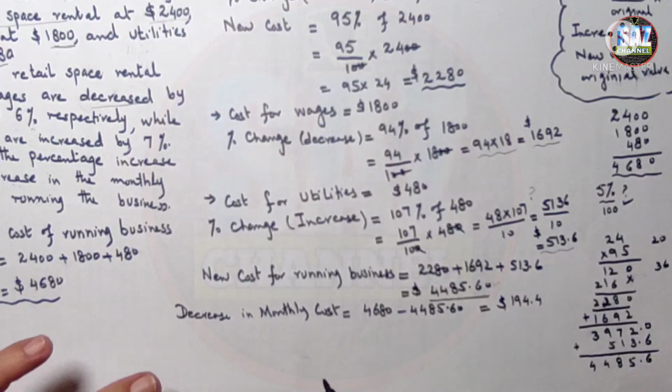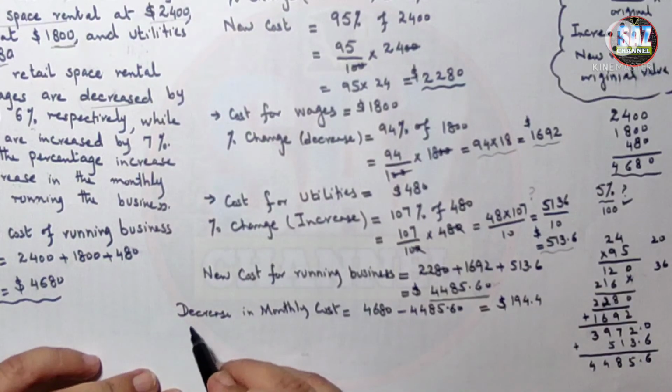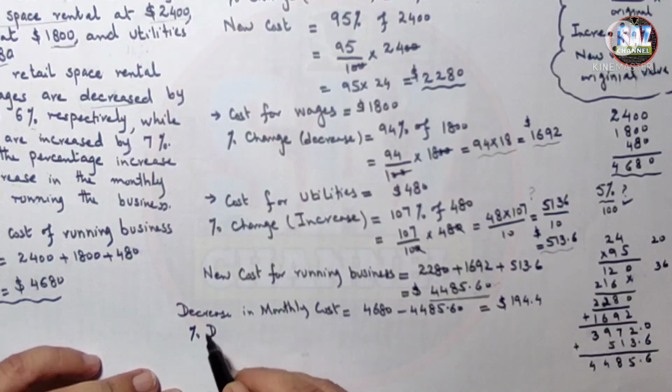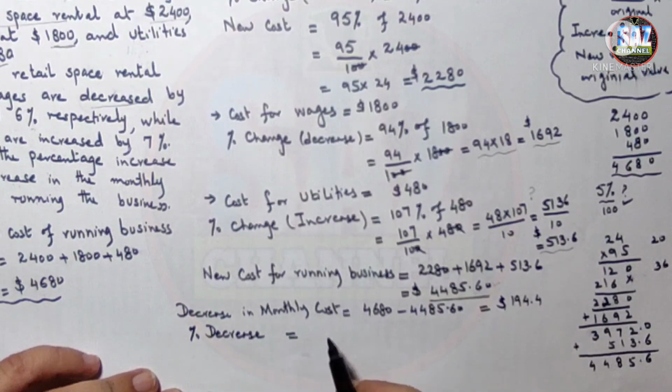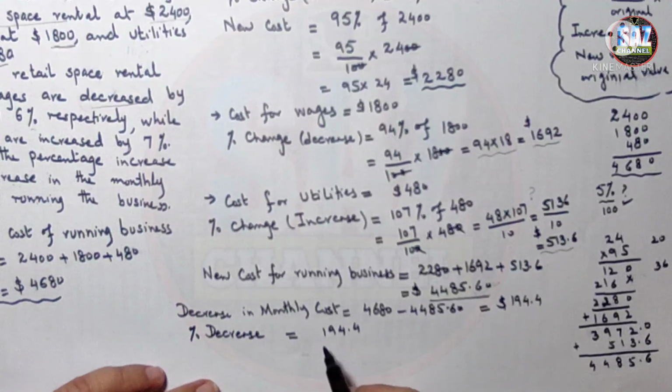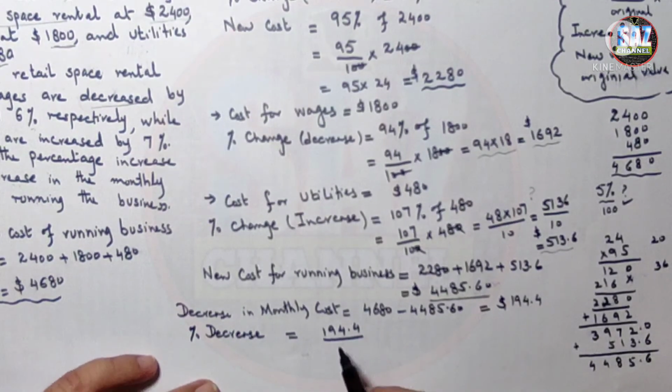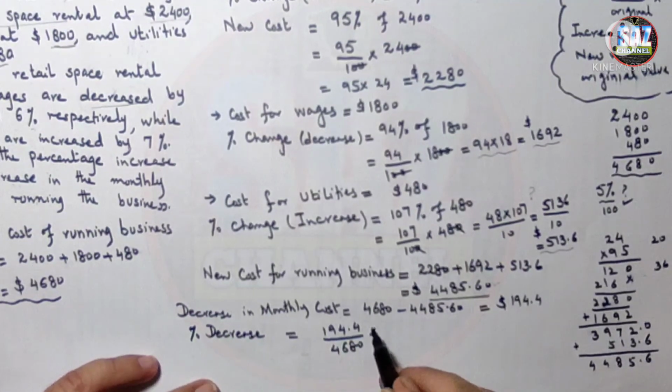Now the actual requirement, the percentage decrease, will be equal to 194.4 upon the original cost, that is 4680, times 100%.